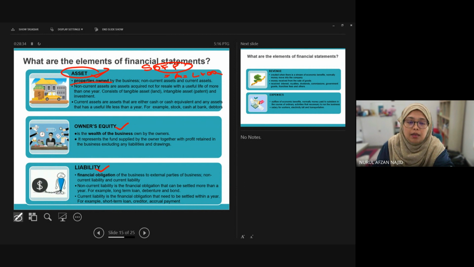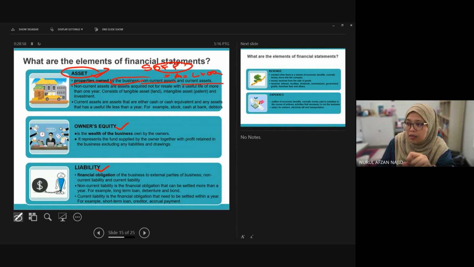Okay, hak milik yang dimiliki oleh bisnes tersebut. Contohnya, bisnes tu baru nak start, dia ada cash dekat dalam bank. So cash itu adalah asset sebab properties owned by the business. Okay, dan aset ini boleh dibahagikan kepada dua, iaitu non-current dan juga current.